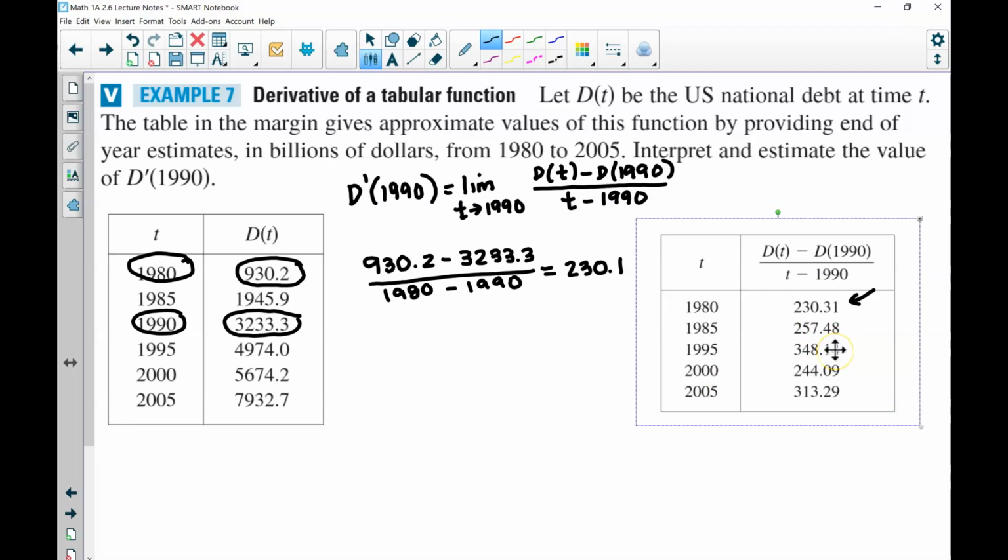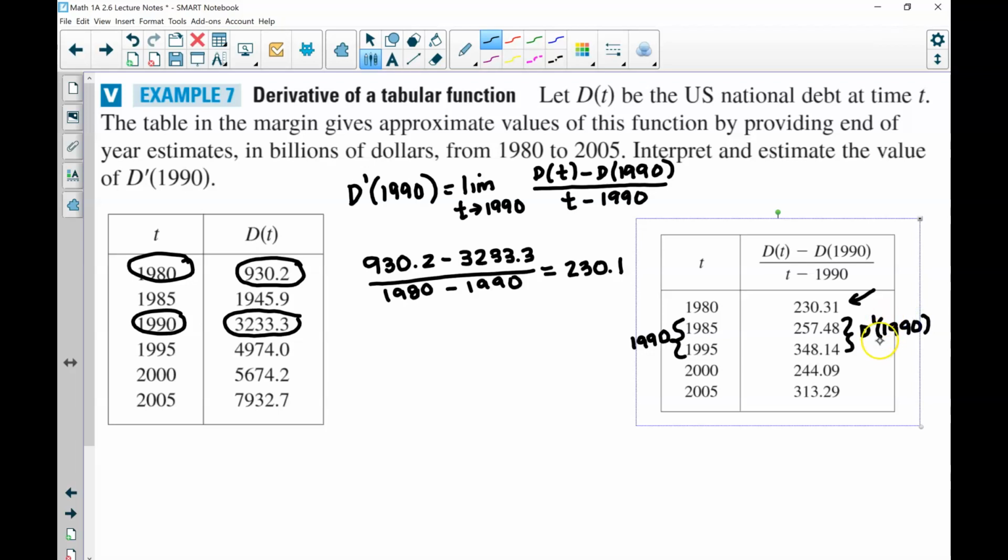But what we want to do is find the average of these two slopes, because 1990 is in between these two numbers, correct? So 1990 is in between 1985 and 1995. So this is going to give us D prime of 1990.